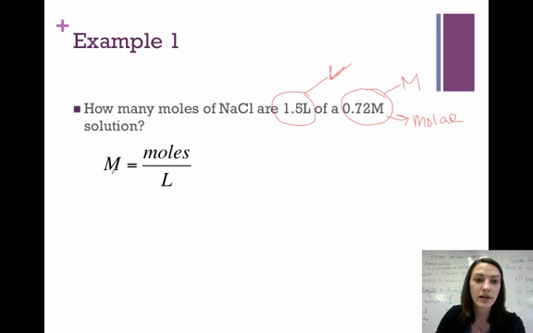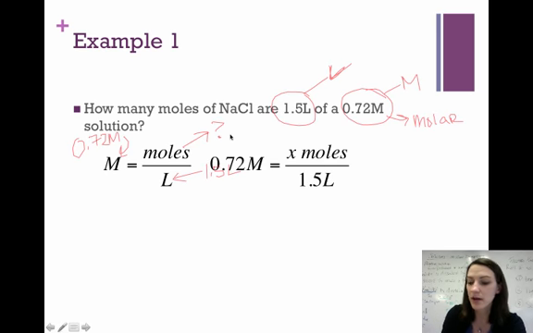So we put our 0.72 molar in here, and our 1.5 liters in there, and X is what we're looking for, which is moles. We've got 2 of the 3 items. To get X by itself, you just multiply by 1.5 on both sides.